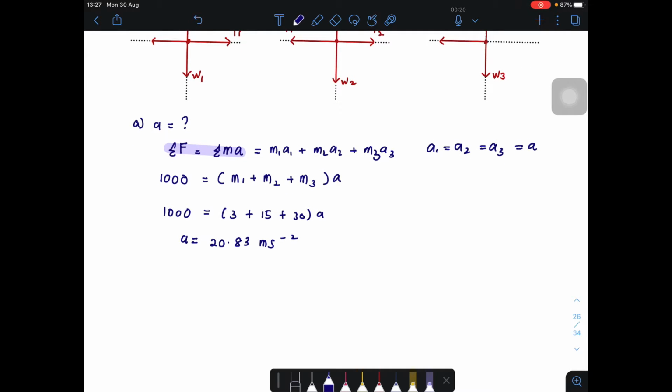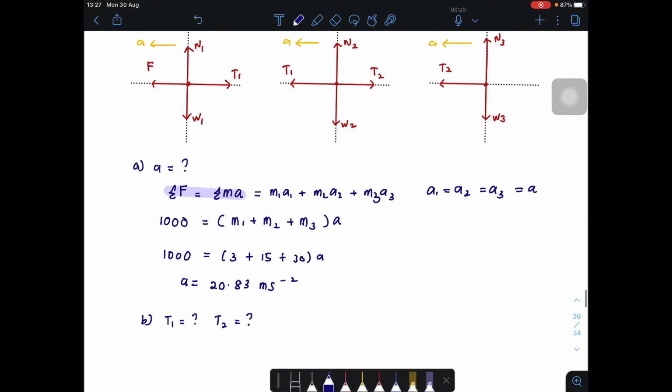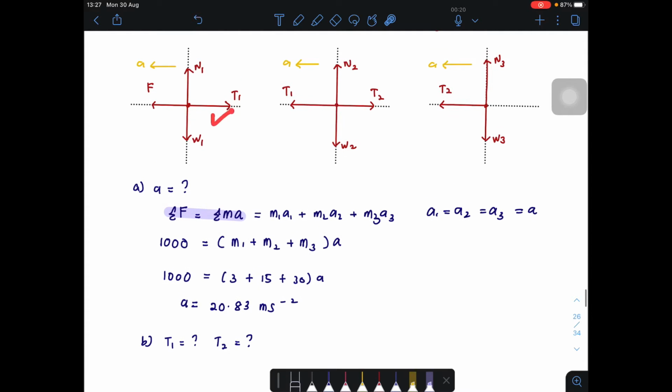Okay, so now we want to find T1 and T2. First we look at this one here.